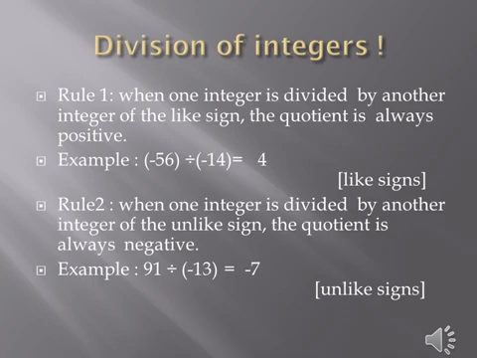Here, both the numbers involved have the same sign. But if the signs are different, then the answer is always negative. For example, 91 divided by minus 13, the answer is minus 7.